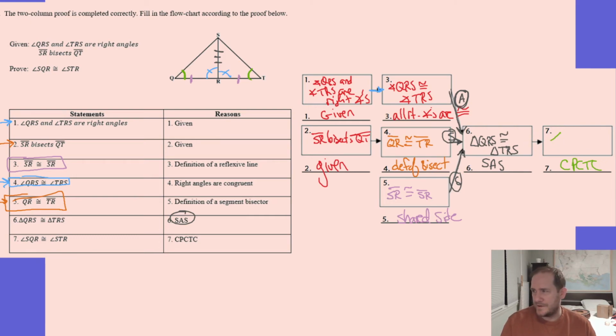So that part can slide into box 7. Okay, there's that whole proof done. So make sure you're comfortable with that. You should be able to take a proof that's written in one form and convert it into the other form. And hopefully that feels natural.